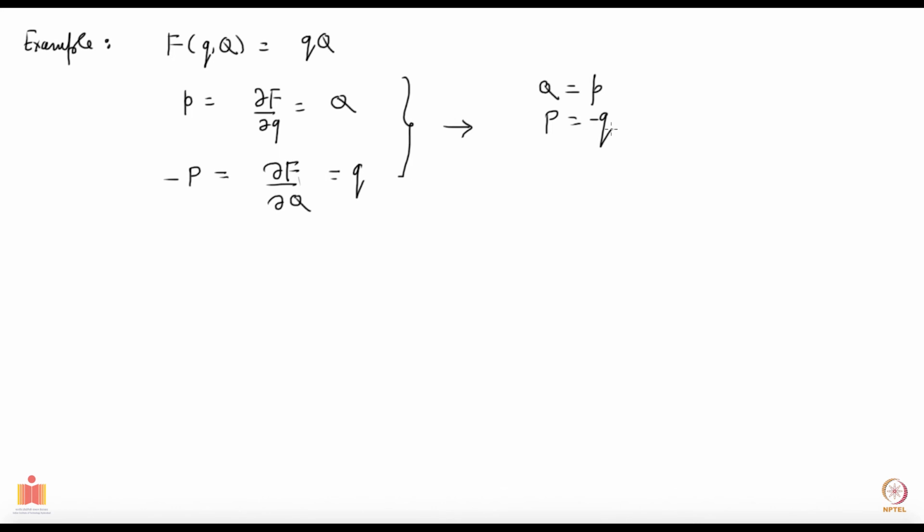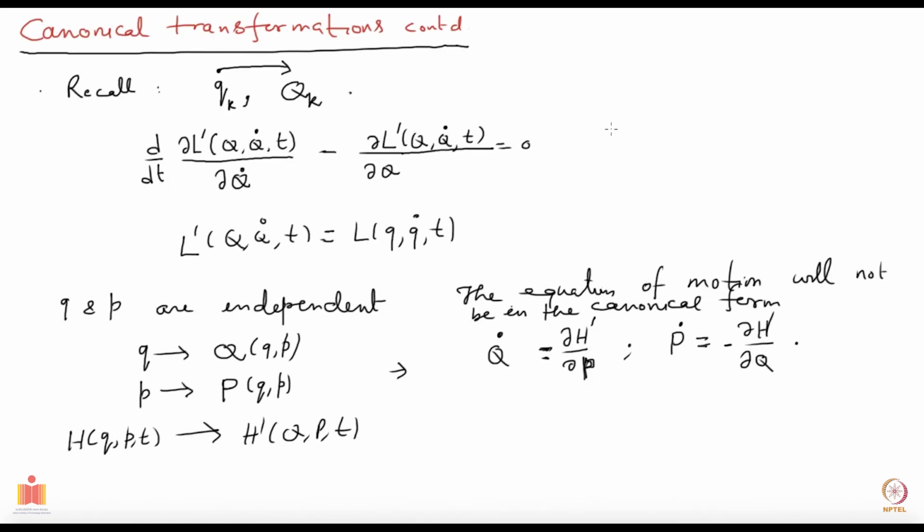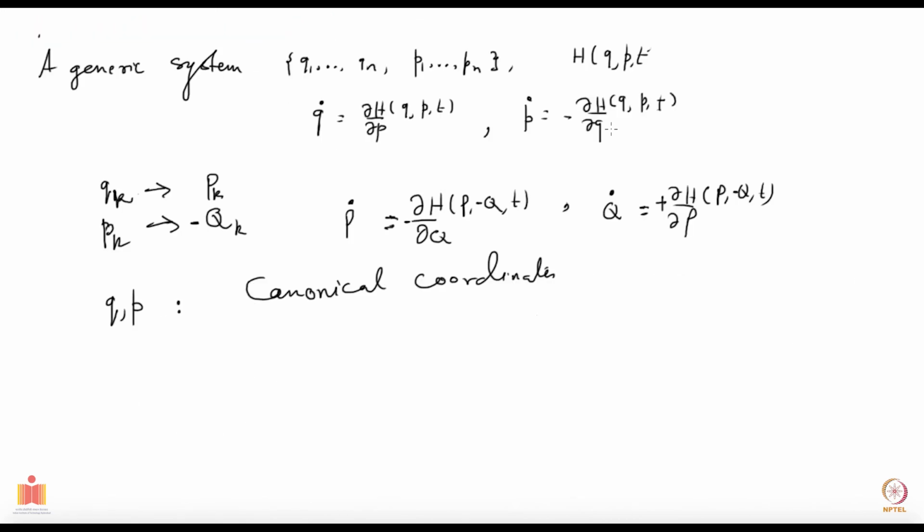Okay, and this is what you have already encountered before in I think the previous lecture. Let's see, where was it? Yeah, here. You see, we did a transformation and we changed the coordinates. What was being called a coordinate and what was being called a momentum were interchanged, and of course there was a relative sign, and that's why we started saying we will always refer to them as canonical coordinates.